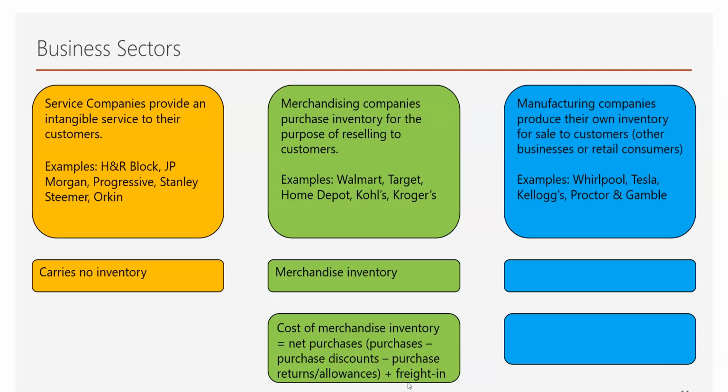With manufacturing companies, these type of companies produce their own inventory for sale to customers. And these customers can either be other businesses or the retail consumers, what have you. Examples of this: Whirlpool, Tesla, the electric car company, Kellogg's, Procter & Gamble. These are all companies that make their own product and turn around and resell them to other businesses or to retail consumers.